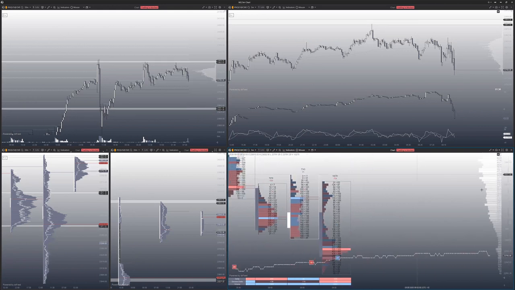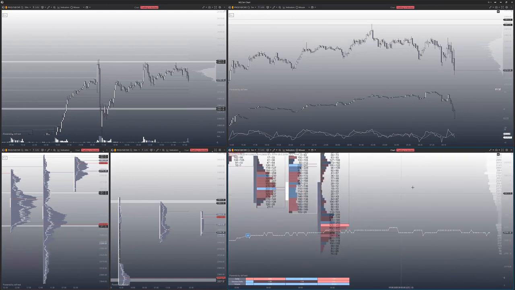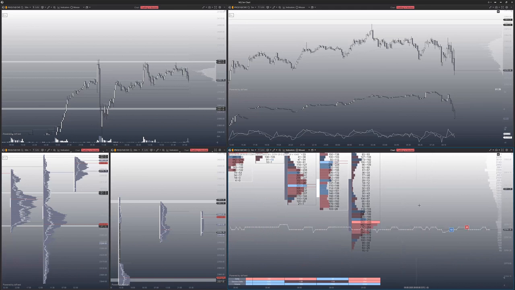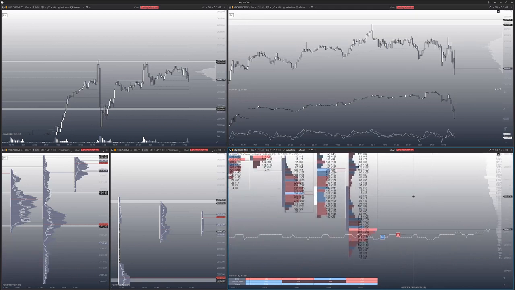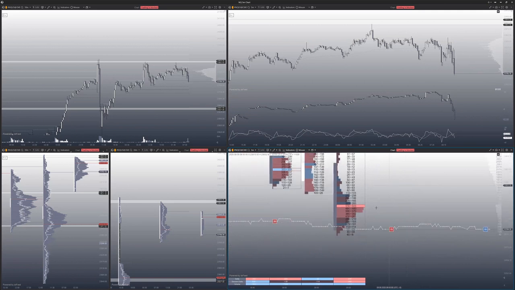So let's wait. Dow Jones does not follow the shorts. That's also not a good sign. What we see. One minute for the close of the bar.